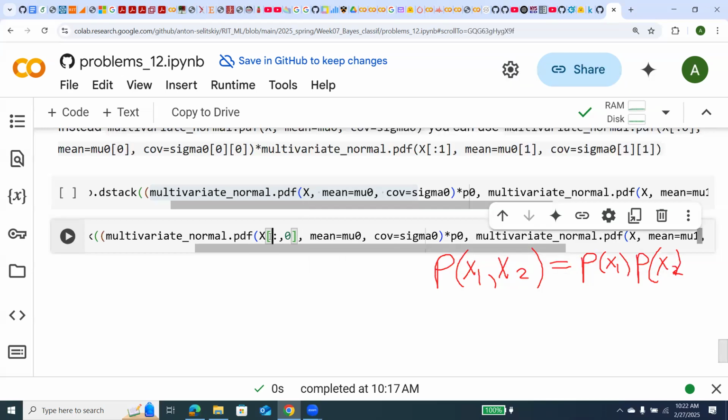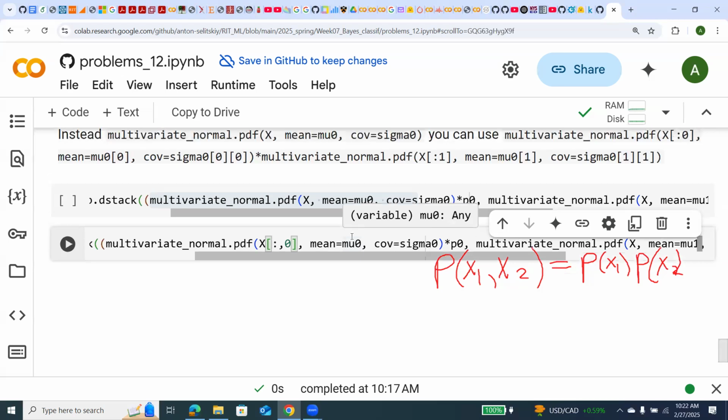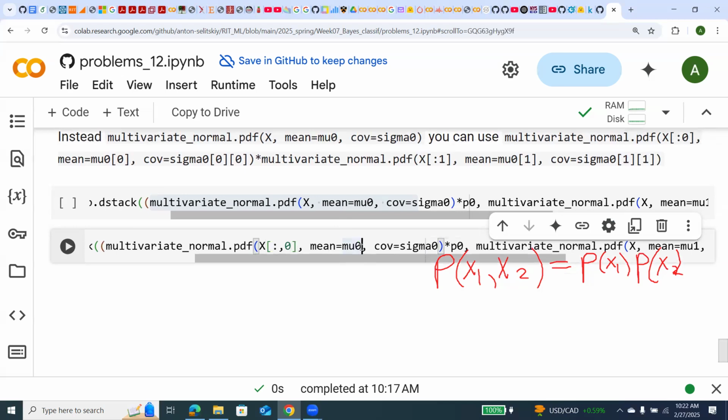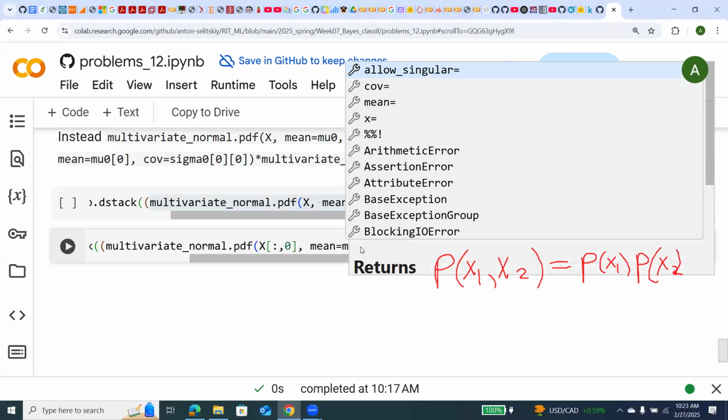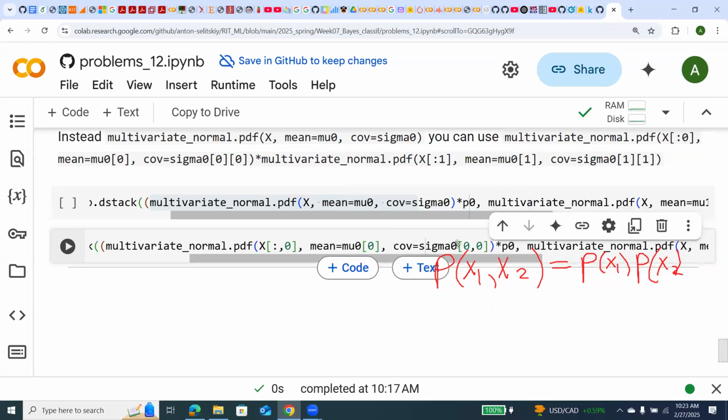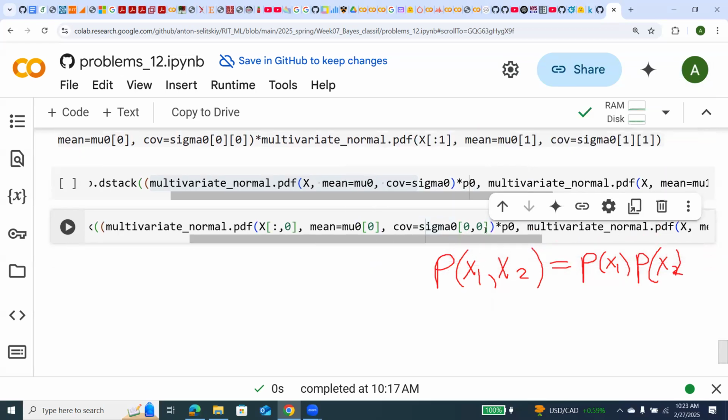Oh, but I need also to recalculate the mean. And for the mean, I will use only the first component. And from the covariance matrix, you remember on the diagonal, the first term is the variance. So I will use only the first component from my covariance matrix.